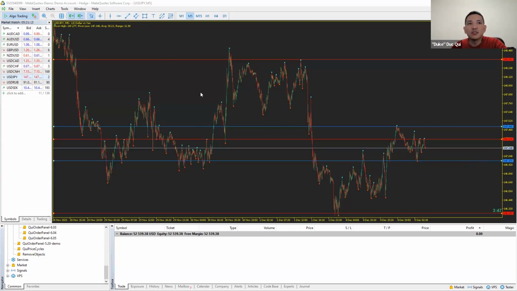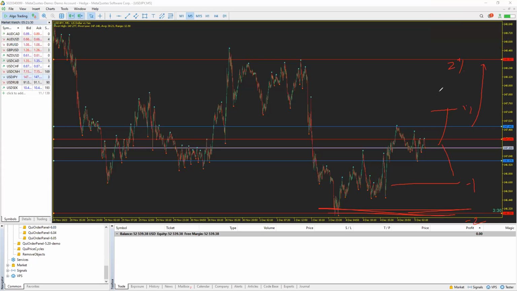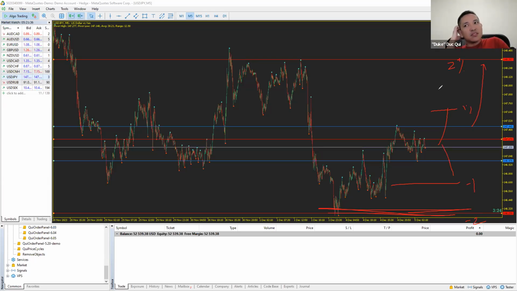So the point is that if this is your 1%, well, what's the mirror of it? Here's your -1. So you could be down here -2% if you're sizing for 2% up here. So the amount you risk is also the amount you can get rewards.